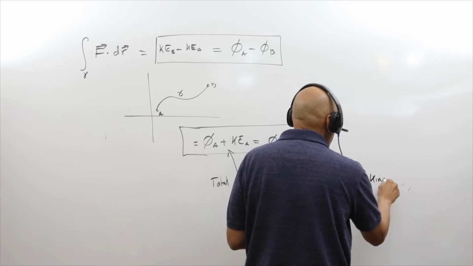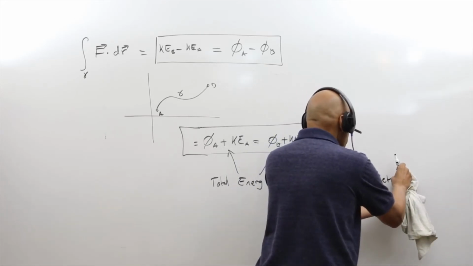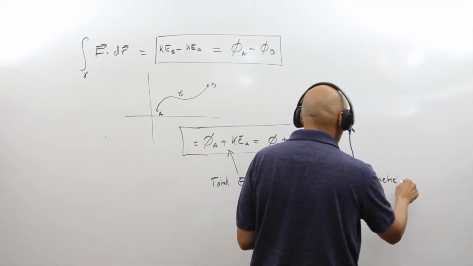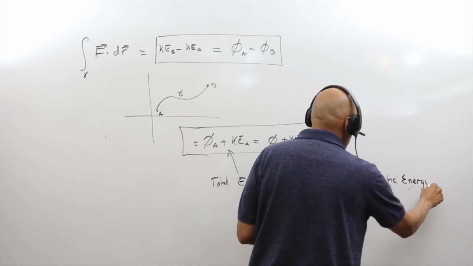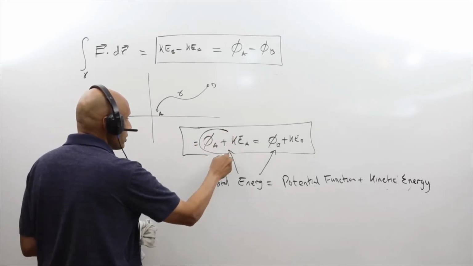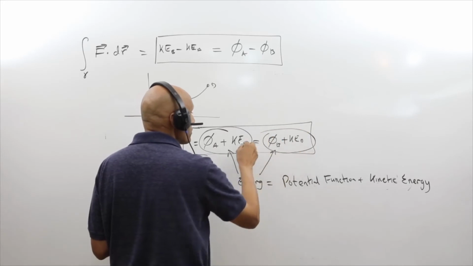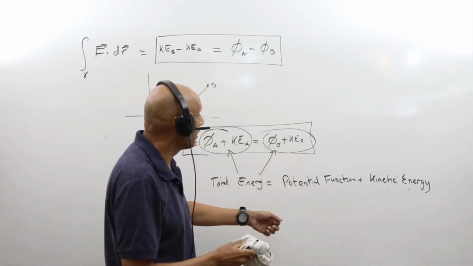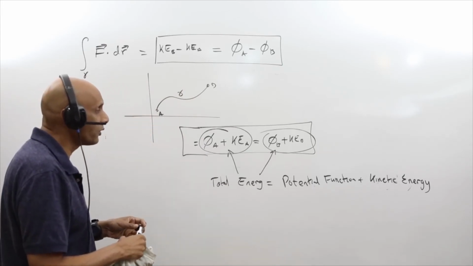But remember, this concept of total energy doesn't really exist until we actually introduce the concept of a conservative function, a conservative field. So we can define this to be the total energy. The total energy before the process and after the process is conserved, and it only works if we can define a potential function, or that the force field is actually a conservative field.